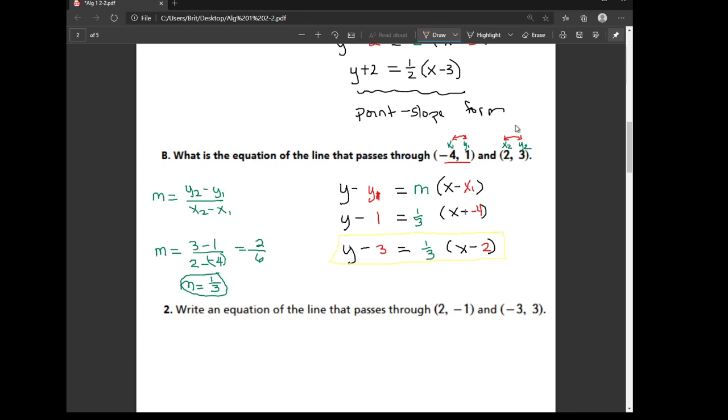So I'm going to erase that minus a negative and just turn that into a plus. Oops, I don't know why I put a 1 there. Now that I have my plus, this other equation is good to go as well. So both the equation in brown and the equation in yellow are correct answers to part B.